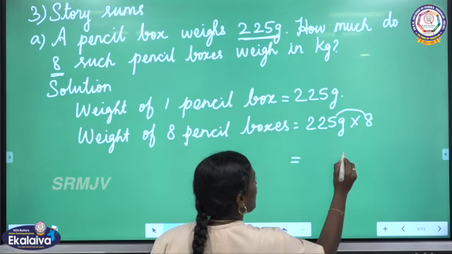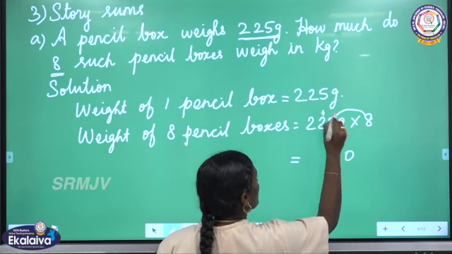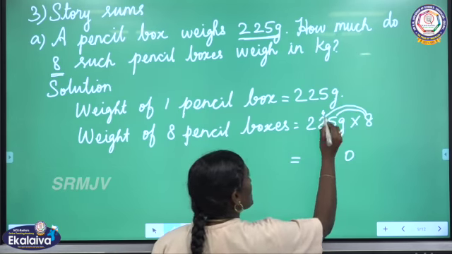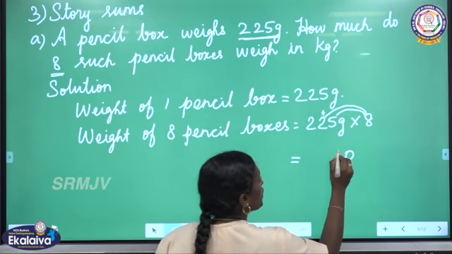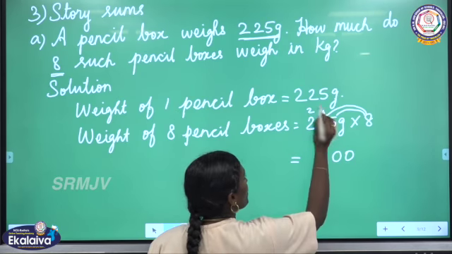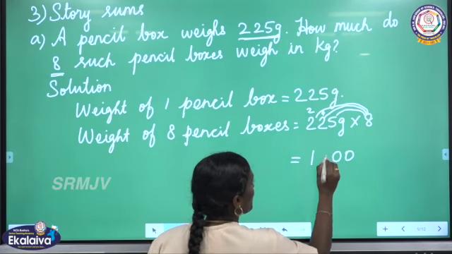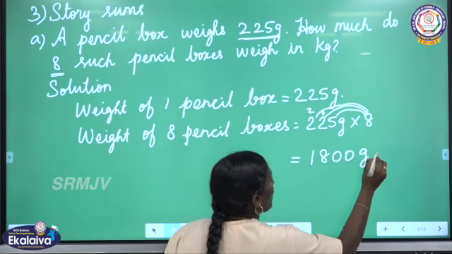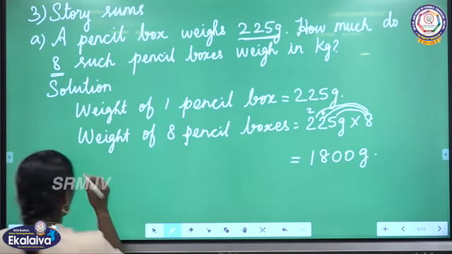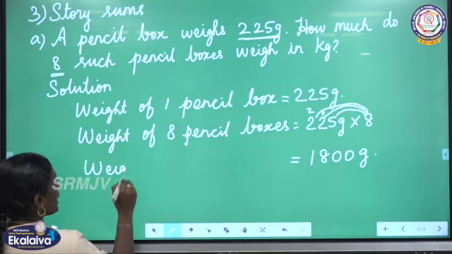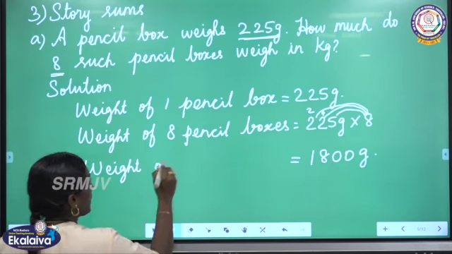8 5s are 40. 0 here, 4 carry over. 8 2s are 16. 16 plus 4, 20. 0 here, 2 carry over. Again 8 2s are 16. 16 plus 2, 18. 1800 gram. This is weight of 8 pencil boxes.